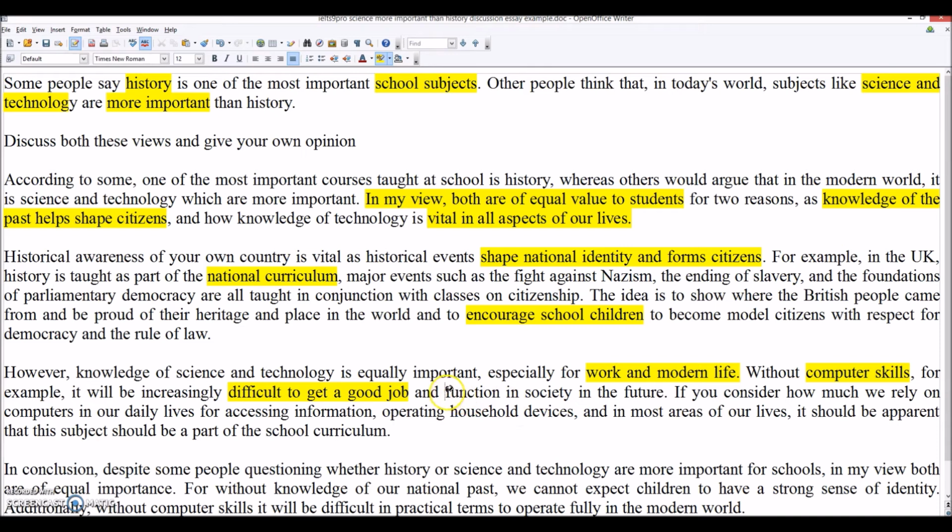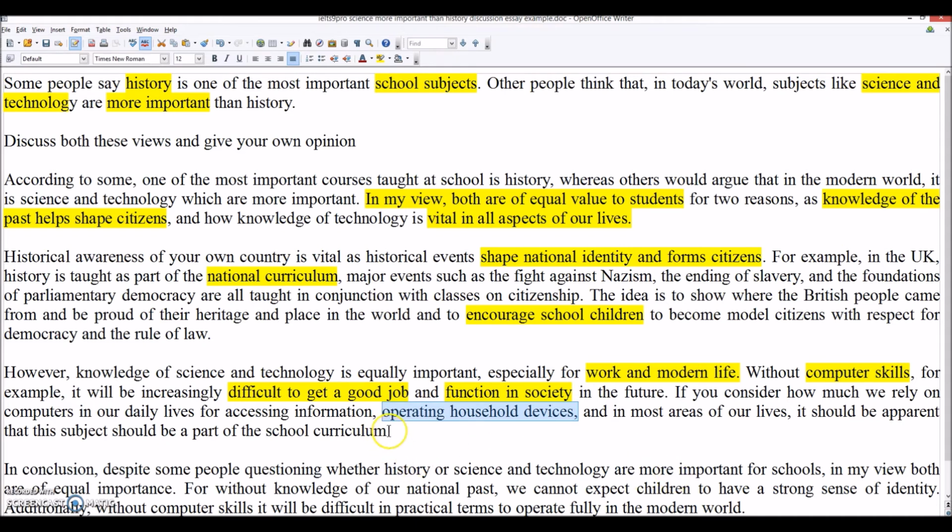And also function in a society, because we use technology and science every day for accessing information, many household devices. If you're not taught about this stuff at school, then it's going to be very difficult for you.